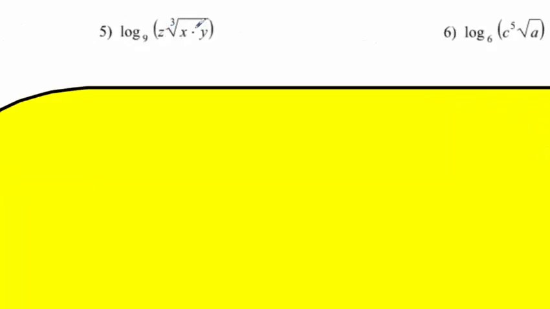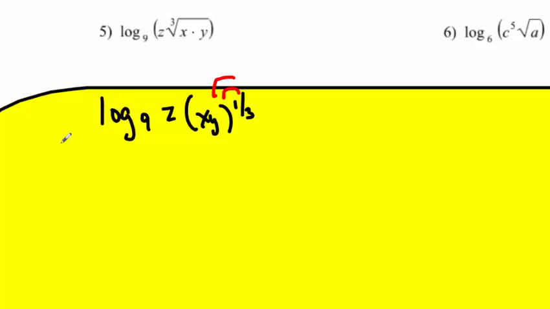All right, so here I have a z. I know I'm multiplying it by some kind of radical thing. So let's just go ahead and start writing what all these pieces are. So I know I have log base 9 of z. And this cube root thing, I'm just going to write as x times y to the 1/3 power. That's exactly the same thing. So now I can do the same process that we did earlier and just move the 1/3 into both pieces. So this is log base 9 of z times x to the 1/3 times y to the 1/3.